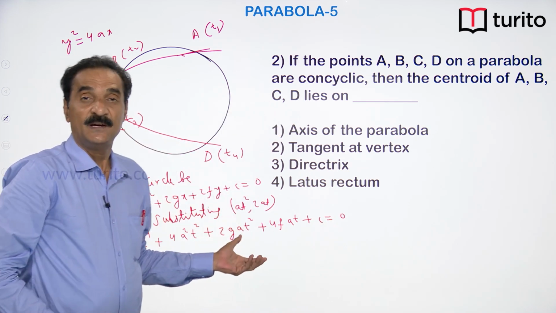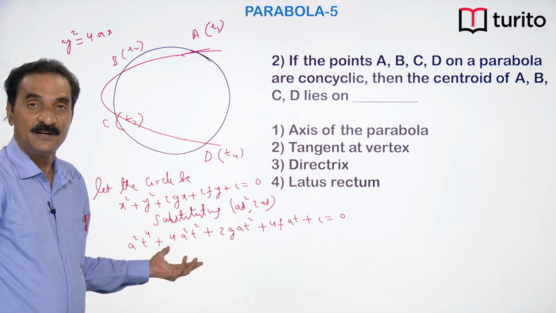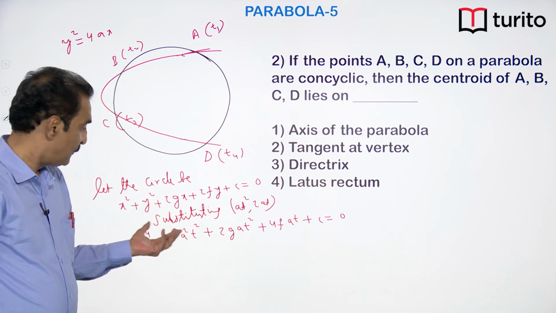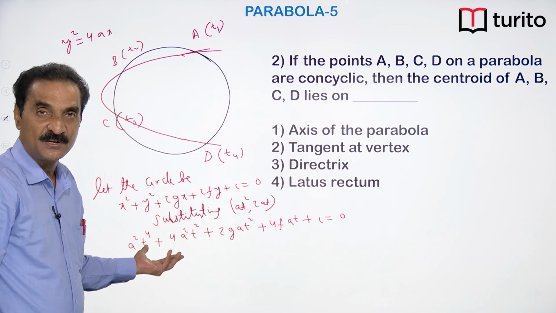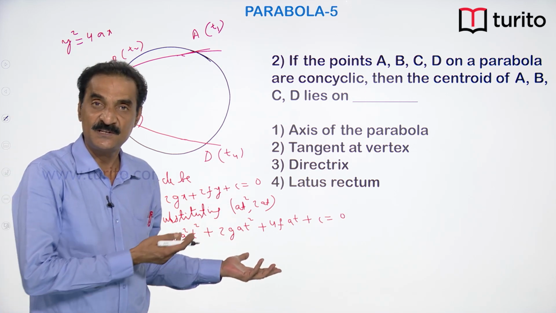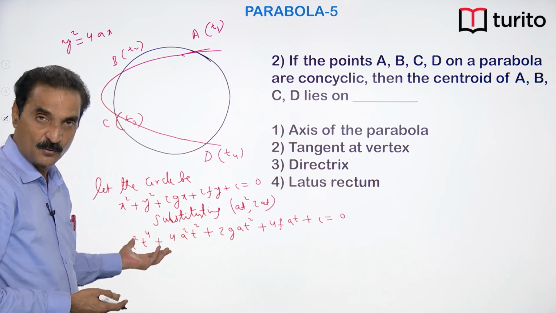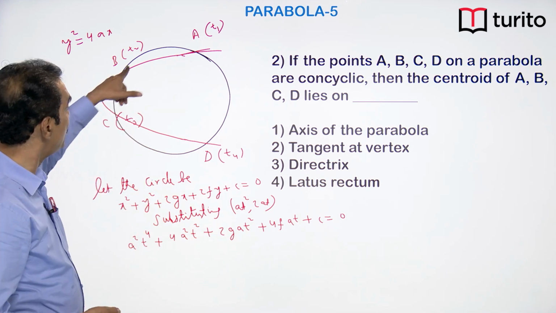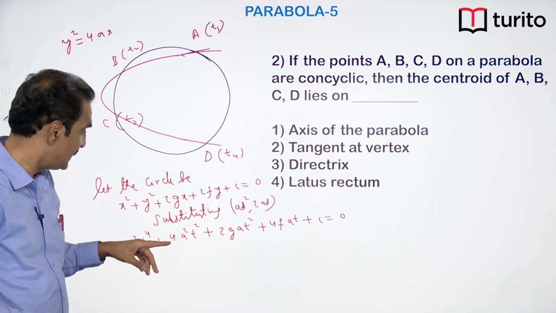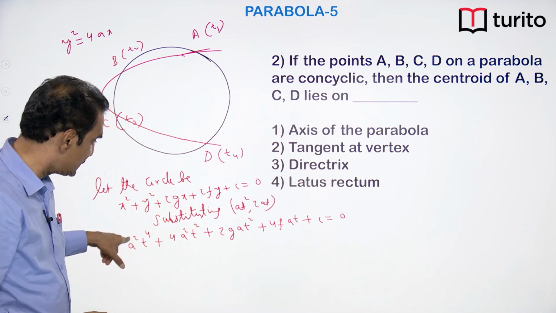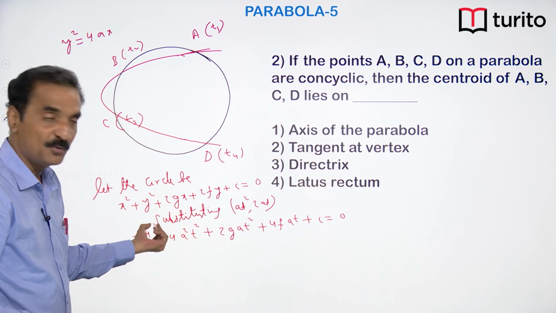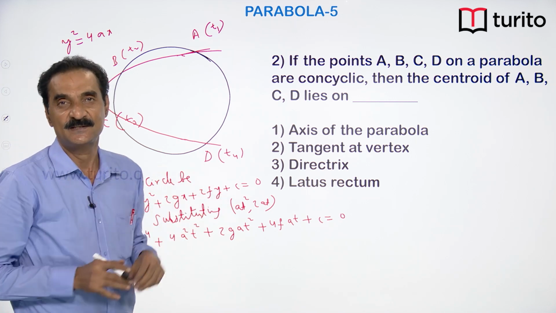This is a 4th degree polynomial equation in T. This equation must have four roots because the degree is 4. Those four roots are nothing but T1, T2, T3, T4. Then you notice in this equation the T cube coefficient is absent.